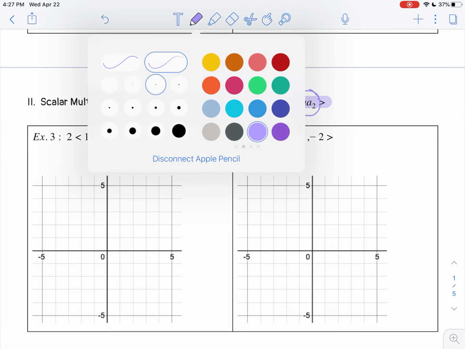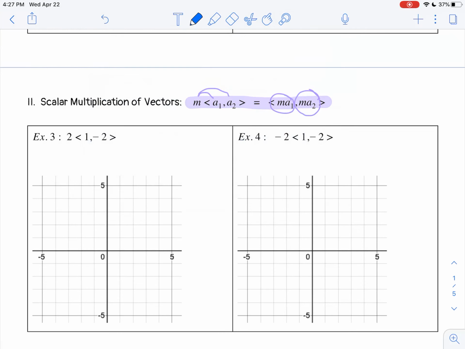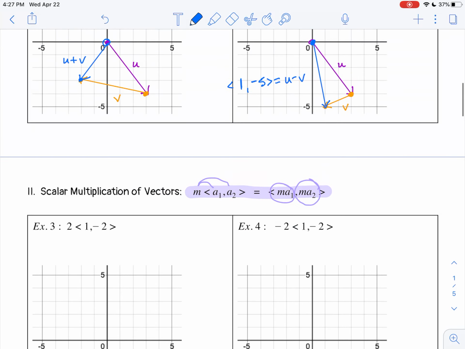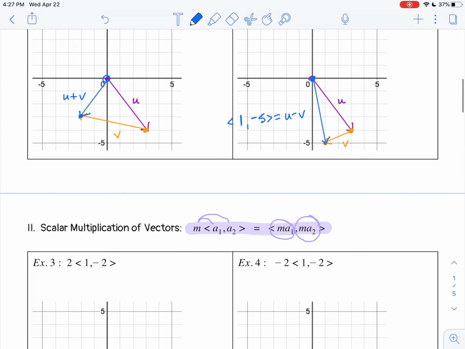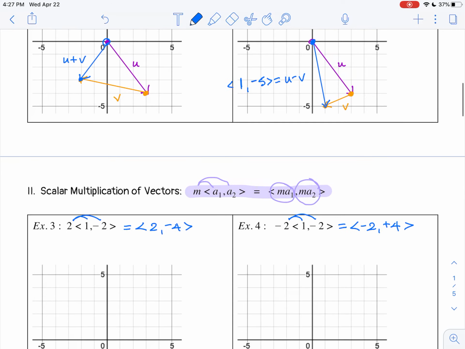So let's see what that does if we follow the formula, and let's see what it does when we draw the graph. So 2 times this vector will give me 2 and then -4. And if I do the same thing in example 3, it's almost the same, but it's going to be -2 and a +4, okay?